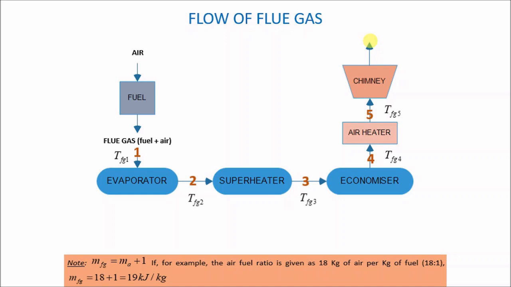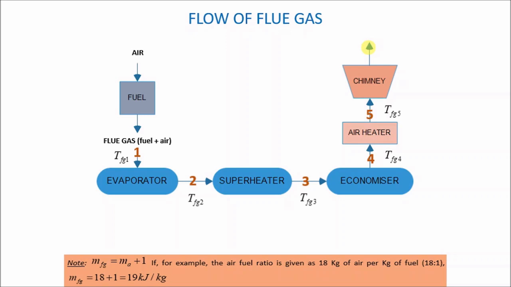If you've ever looked at the chimney, even on top of a house, the discharge of the chimney goes into the atmosphere. So what you have out of the chimney is just the atmosphere. So the temperature out of the chimney is atmospheric temperature. Whatever temperature you will get in your question, where they will say the atmosphere is at such temperature, that is the temperature out of the chimney, okay?